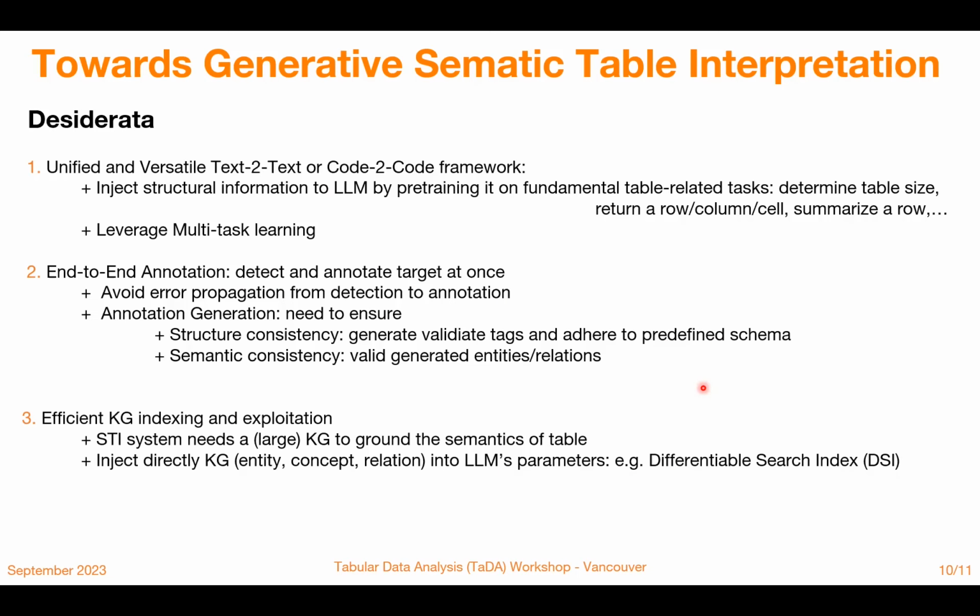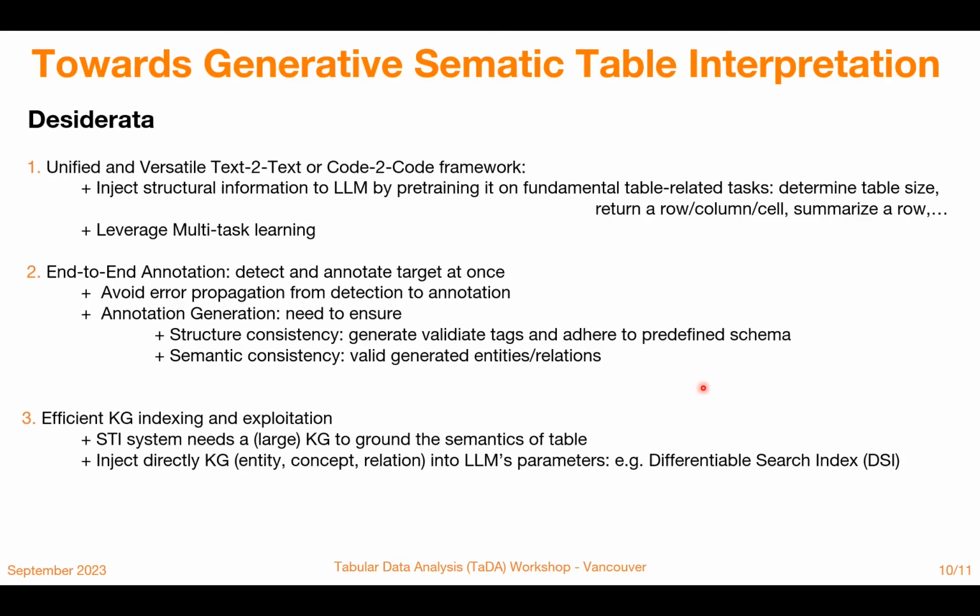In order to achieve a performant generative annotation system, in our opinion, there are several things to be considered. First, the solving framework should be unified and versatile, with the ability to learn, multitask, and to understand the structural information of the table.